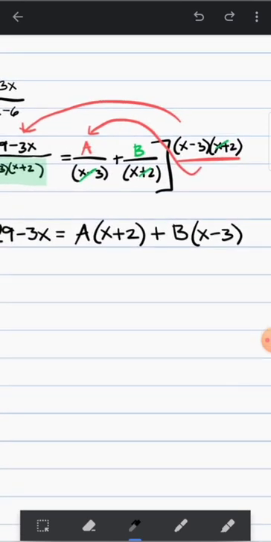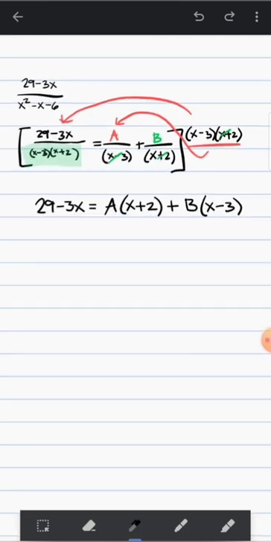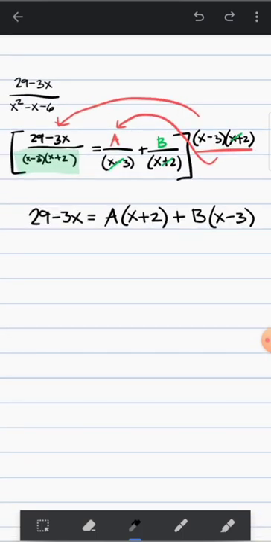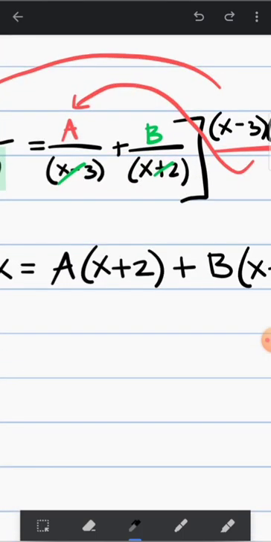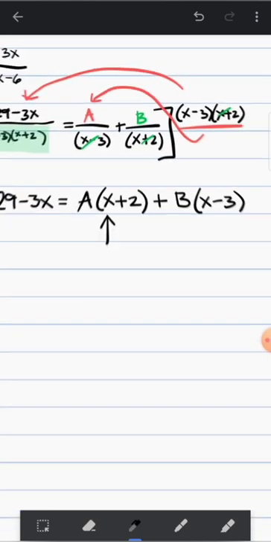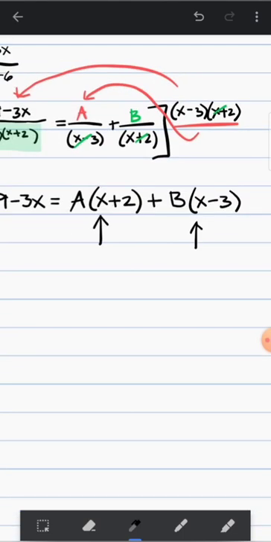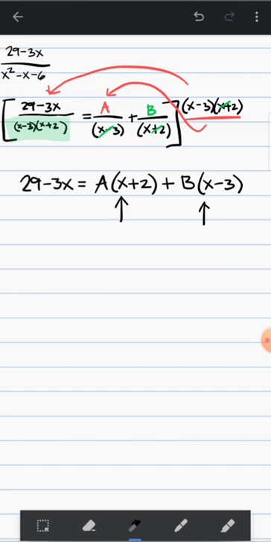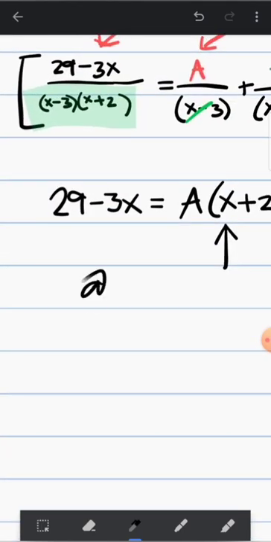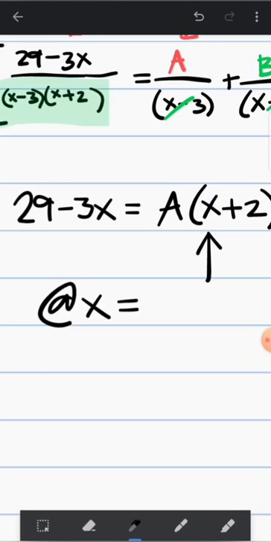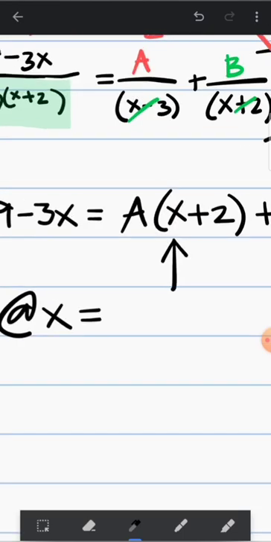To do that, either we set up equations, or we just plug in a value for x so that the terms a or b will cancel out. With that, let x be negative 2.